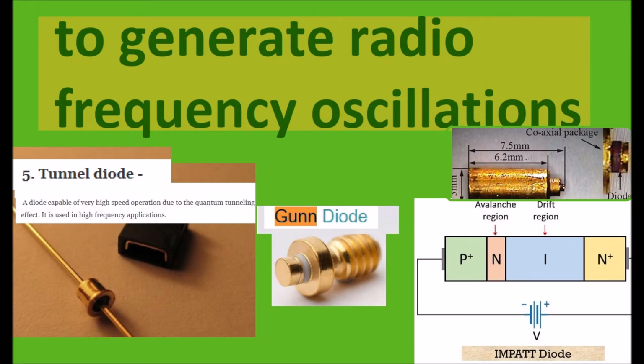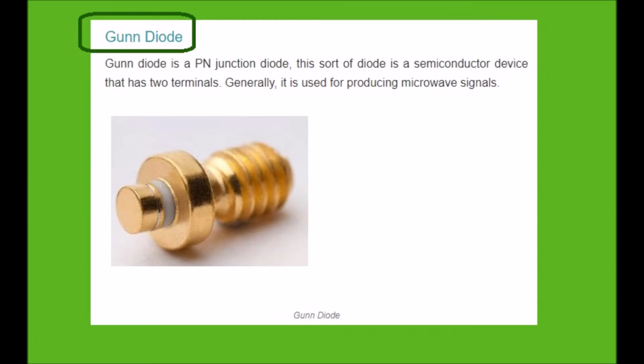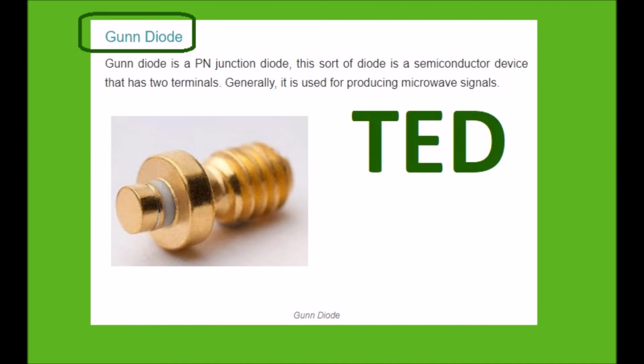The next type of diode in this list of diodes related to generating radio frequency oscillations is a gun diode, also known as a transferred electron device, TED. It is a form of diode, a two-terminal semiconductor electronic component with negative resistance used in high-frequency electronics.